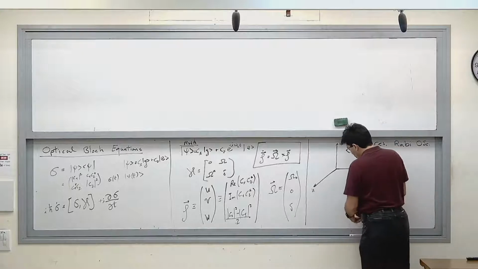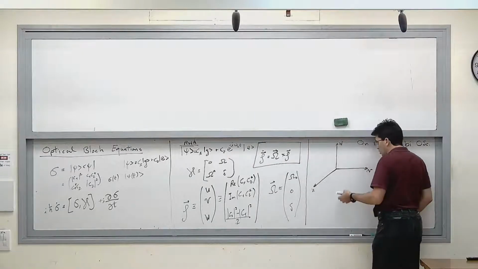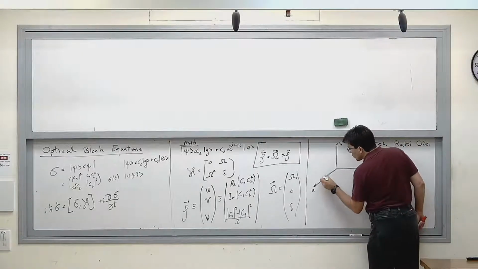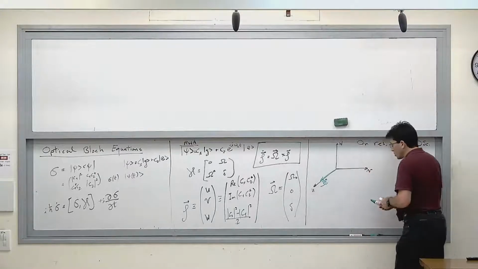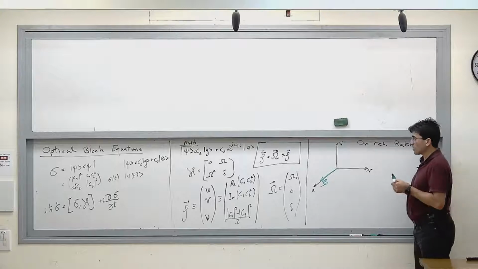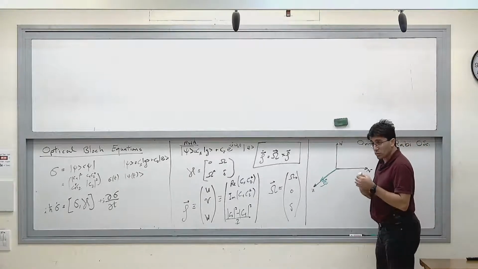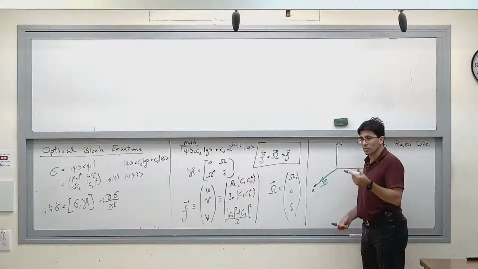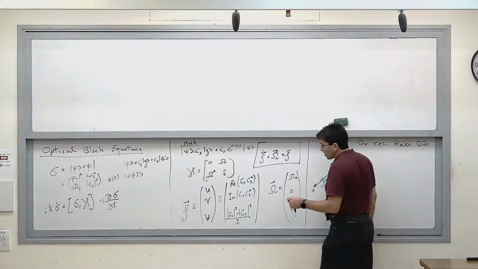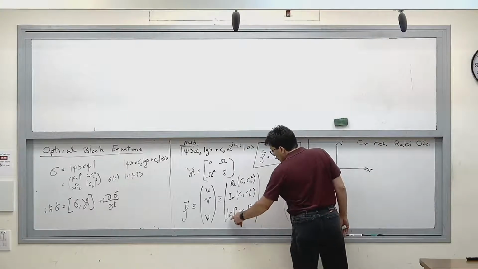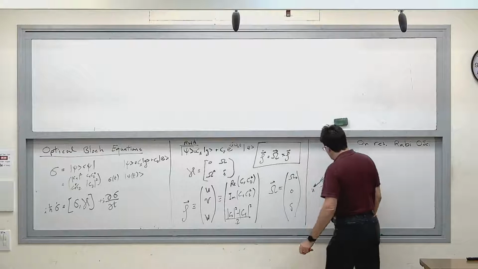If it's on resonance, then there's no detuning. So this is where the field is. And suppose that we start with all the atoms in the ground state. Then C2 is 0, C1 is 1. So what we have is minus half.